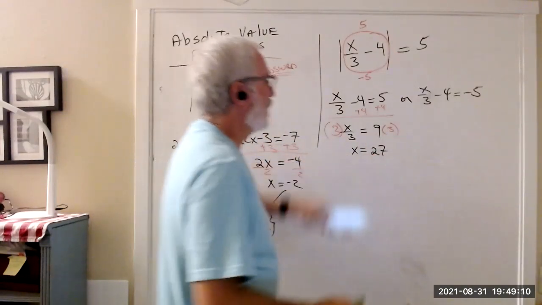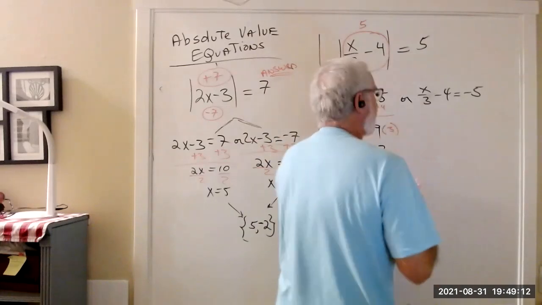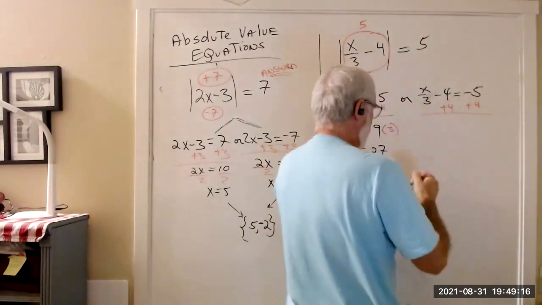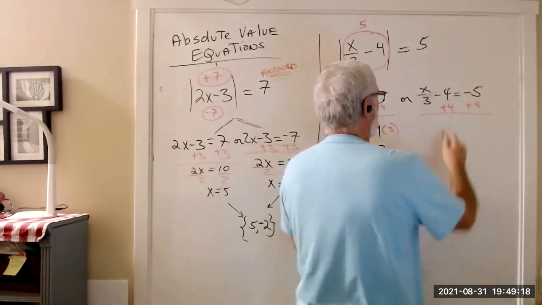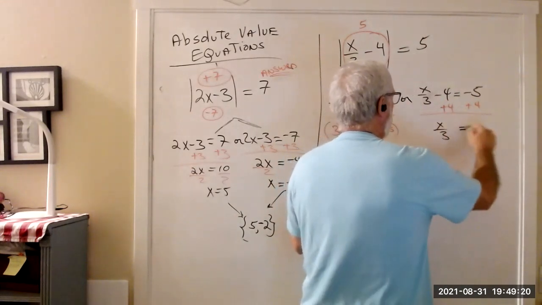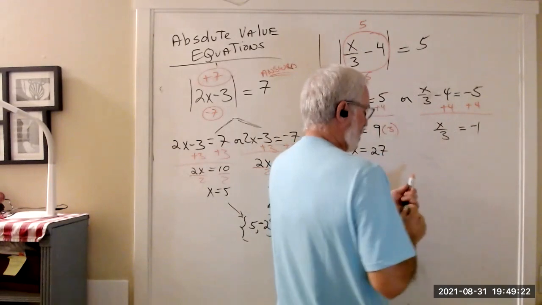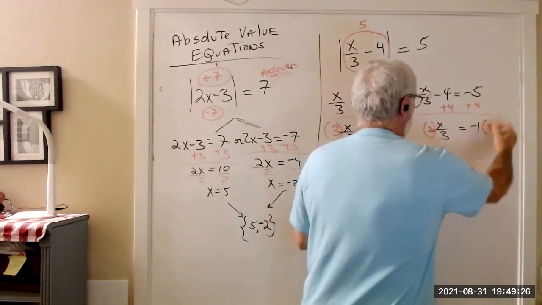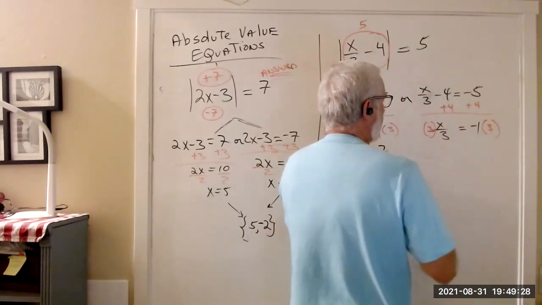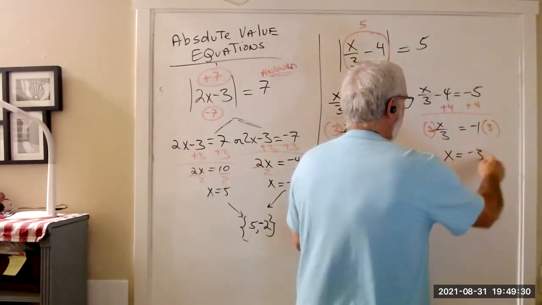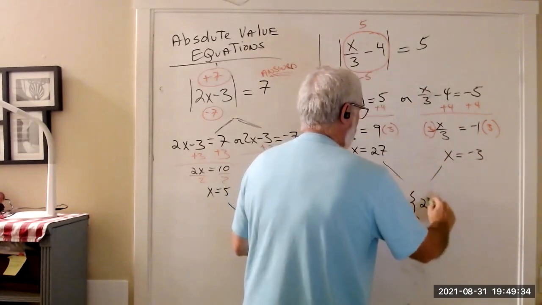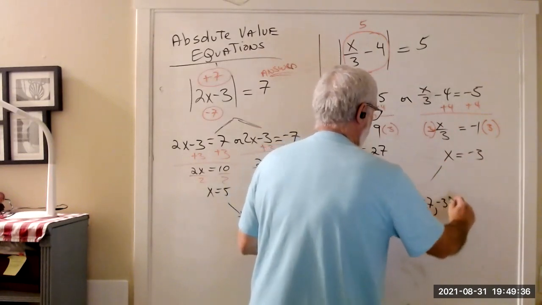Over here, we do the same thing to the second equation, add 4, but this time we get x/3 = -1. Again, we're going to multiply this side by 3 and this side by 3, so we get x is -3. Bring them back into a single solution set: 27, -3.